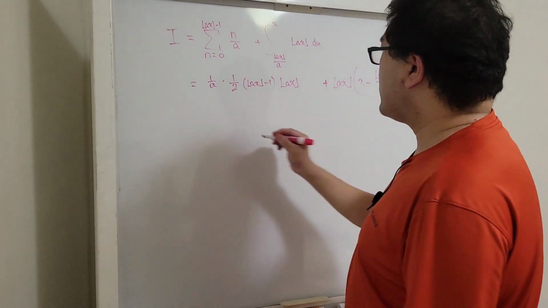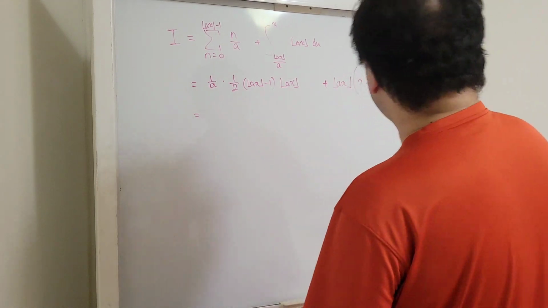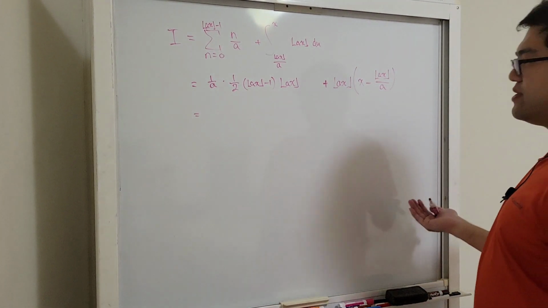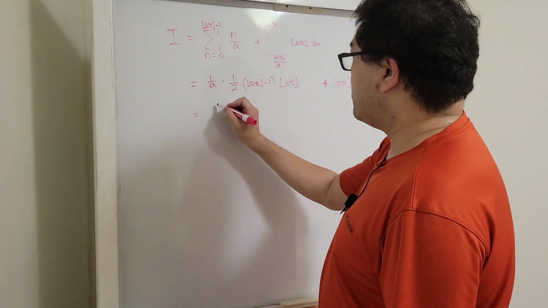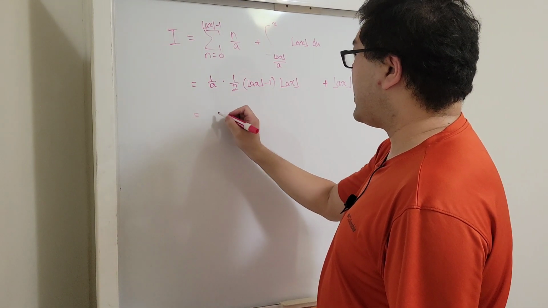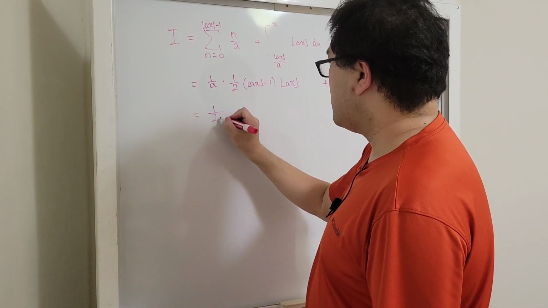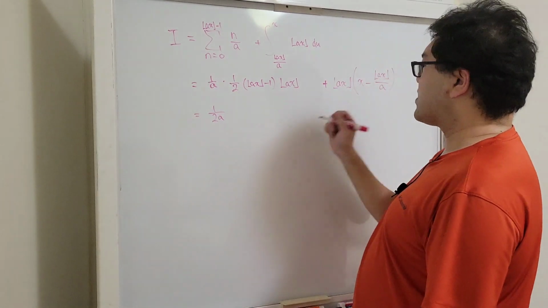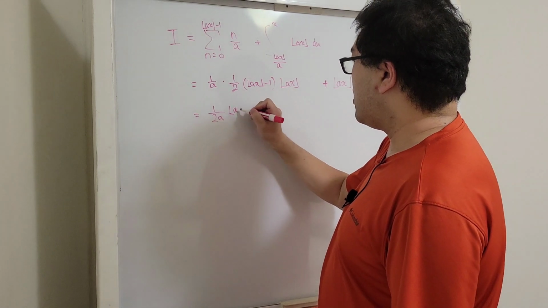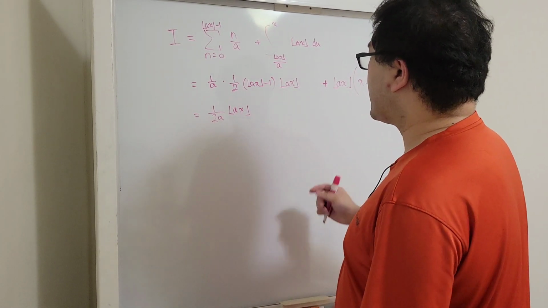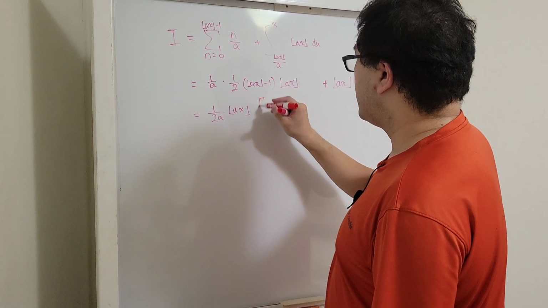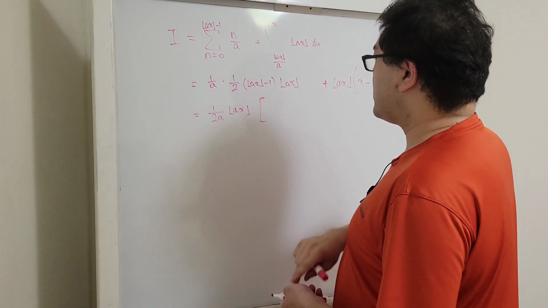So now we can just try to put everything together and then try to simplify some stuff. So we see that here it has 2a in the denominator. There's an a here, so we can factor out the 1 over 2a, and then we can factor out the floor of ax. So we can see that the first part has just this thing here.